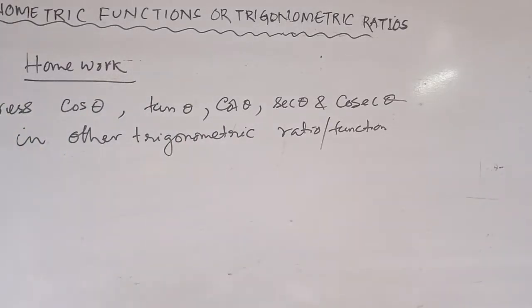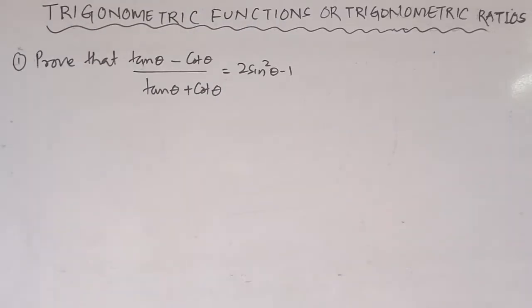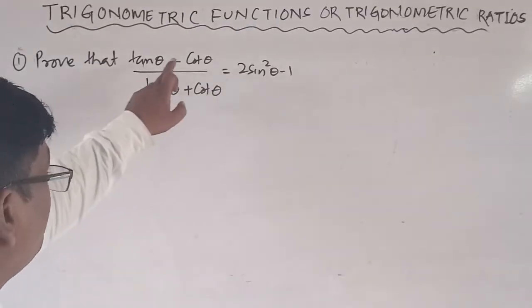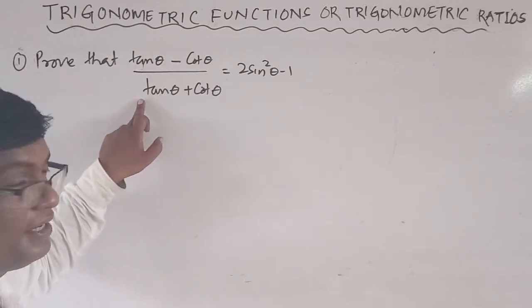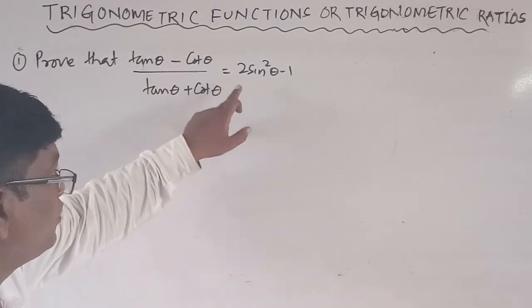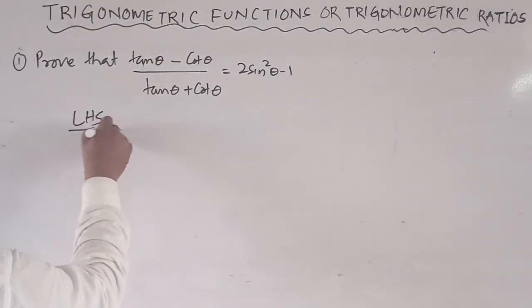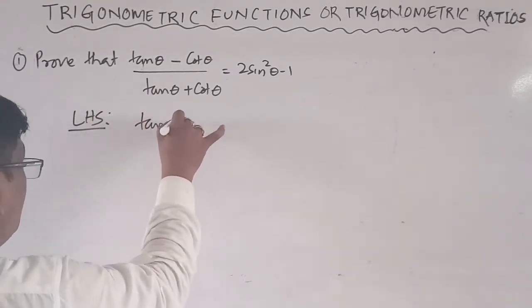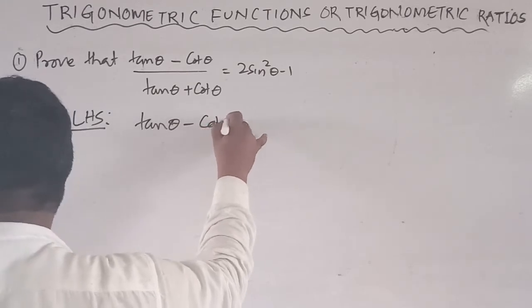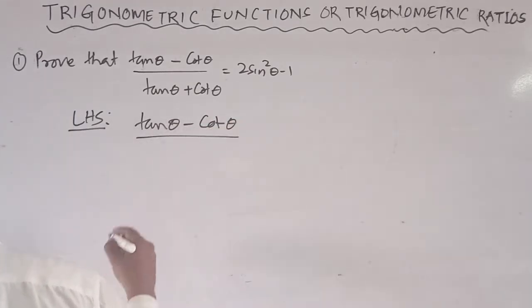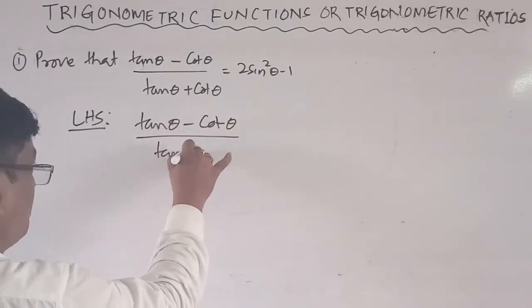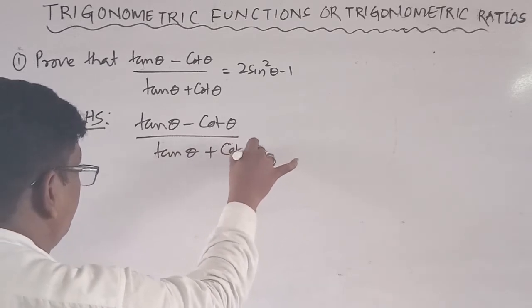Now some problems based on trigonometric identities. Let us prove that tan theta minus cot theta divided by tan theta plus cot theta is equal to 2 sin square theta minus 1. Left hand side, tan theta minus cot theta divided by tan theta plus cot theta.